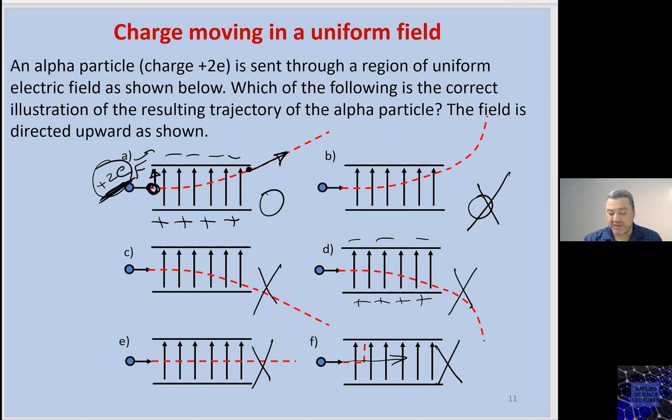Because this means that the force is still there and it keeps curving, and this is not correct because the force is ending right at this point. Right after this point, there are no forces applied on the particle, and the particle should continue with the velocity it developed right at the last point.